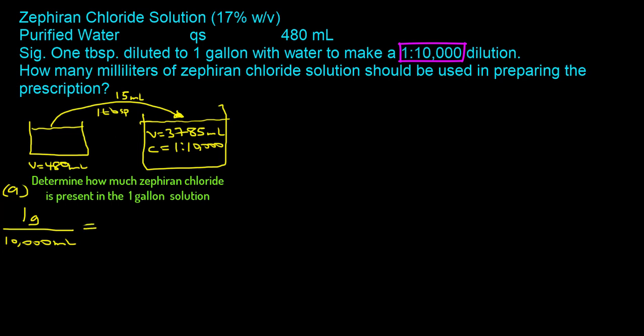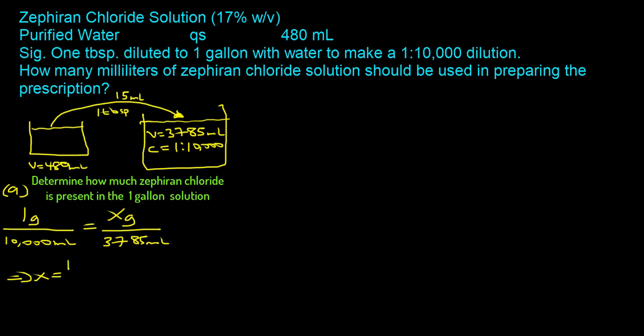But our goal is to prepare a 3785 milliliter solution or 1 gallon solution. So we want to determine how many grams is actually needed to achieve that. So in the denominator here will be 3785 milliliters representing the 1 gallon. So we can go ahead and solve for our unknown, which is x.